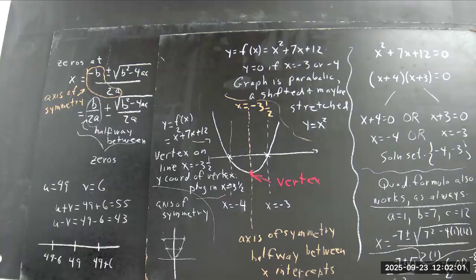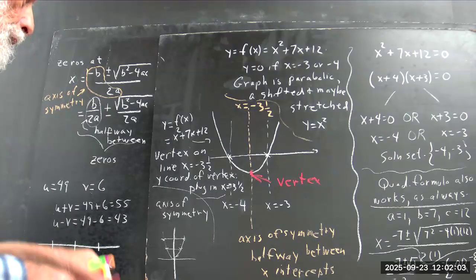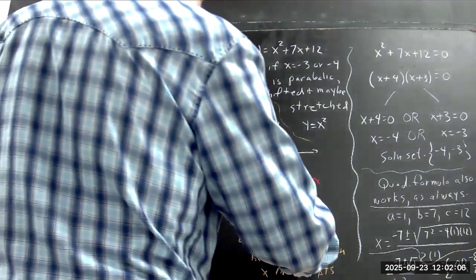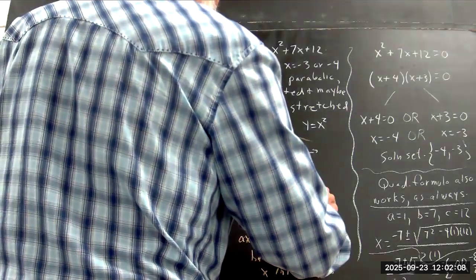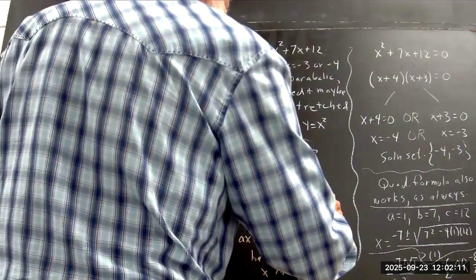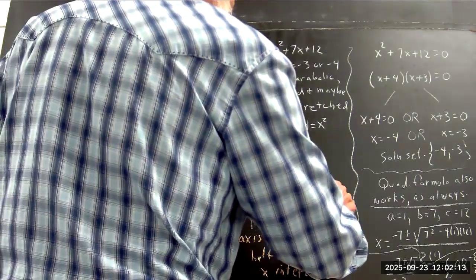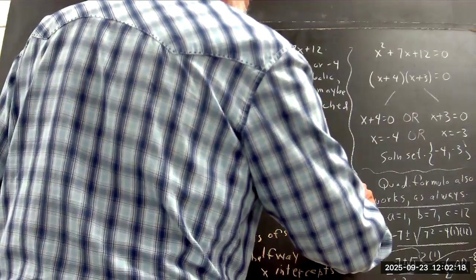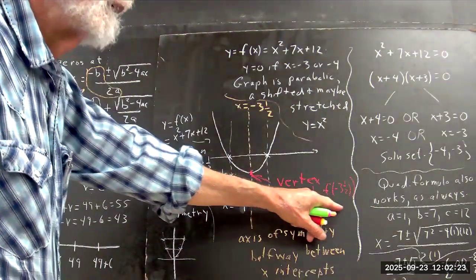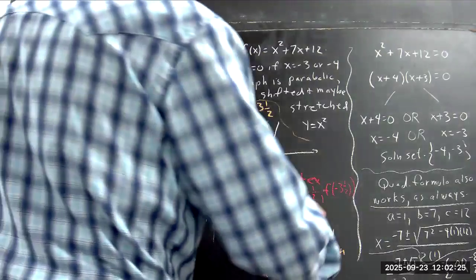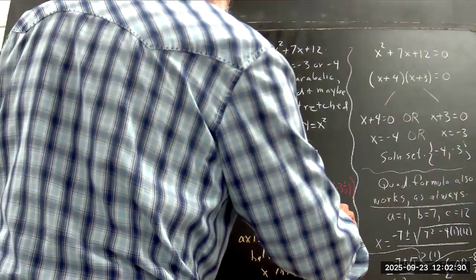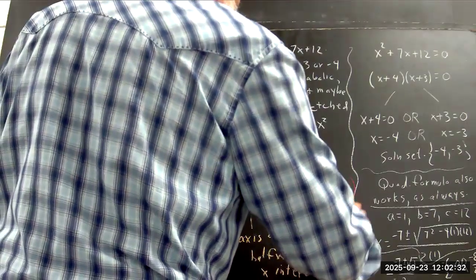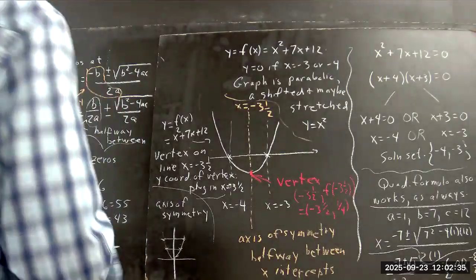So the vertex is at -3.5, f of -3.5. That's -3.5, -1/4.